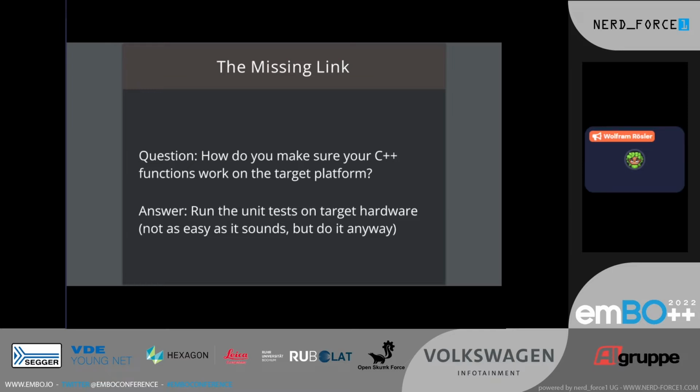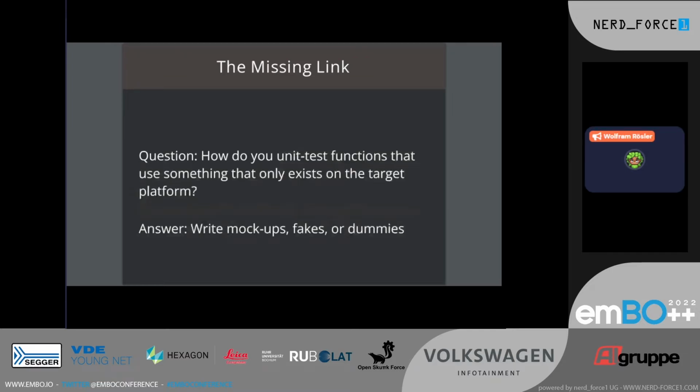Now, how do you unit test functions that use something that only exists on the target platform? Thinking about stuff like special hardware, which doesn't exist anywhere outside your target device, or special operating system APIs, or anything that makes the target platform different from the development platform.